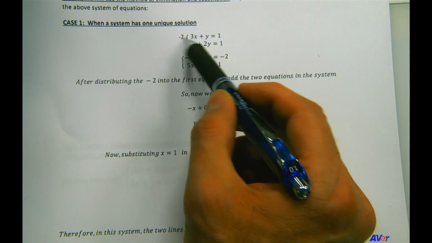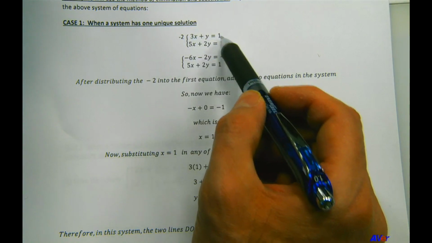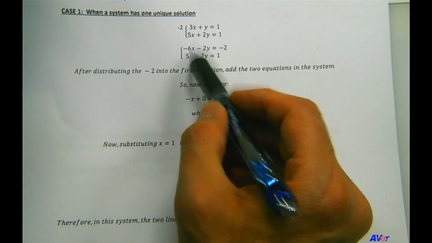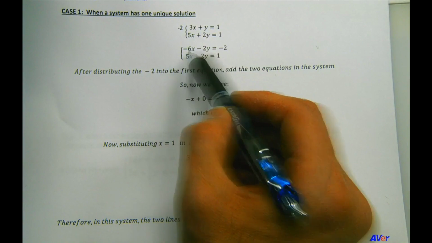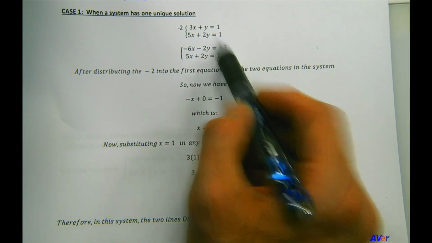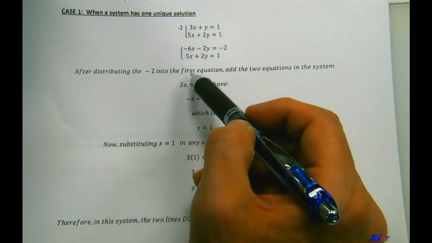So as you distribute the negative 2 into this whole equation, what do we get? We get this bottom system, minus 6x minus 2y equals minus 2. This minus 2 gets distributed into the full equation.